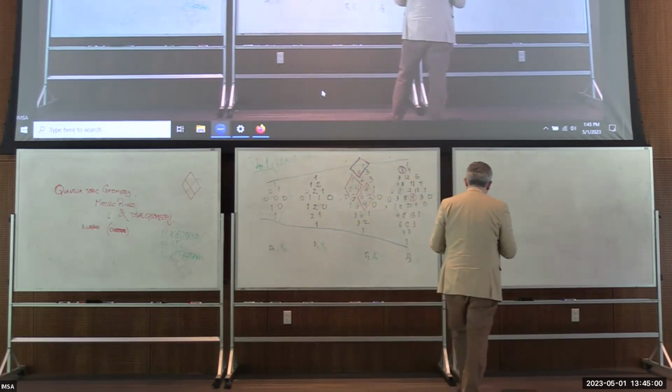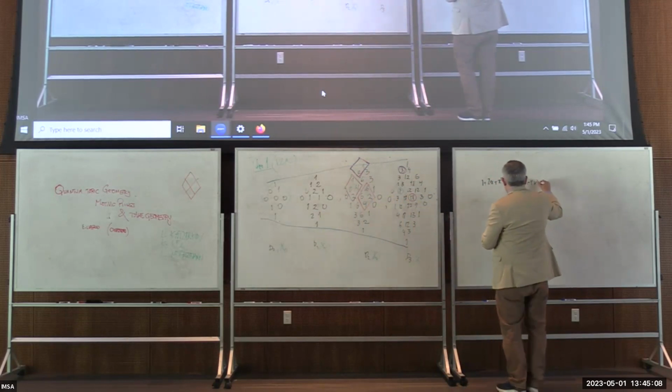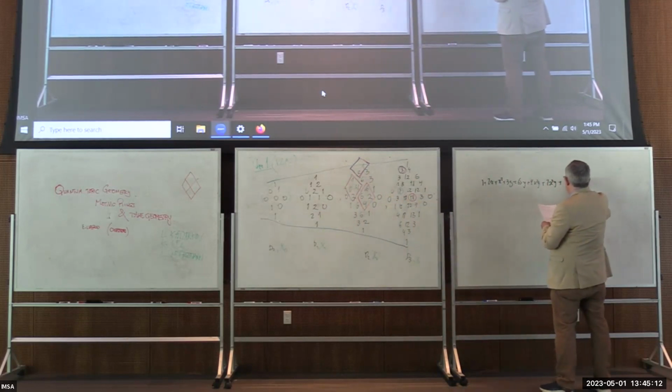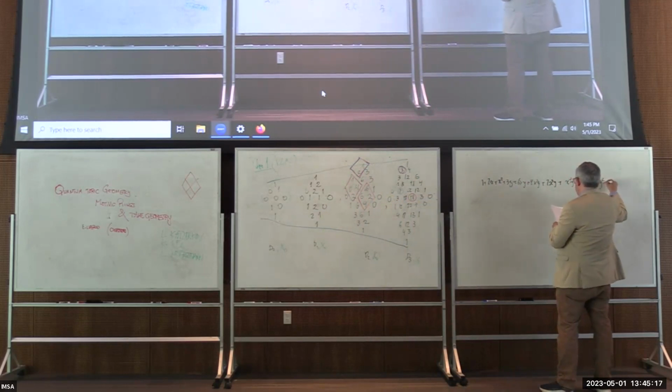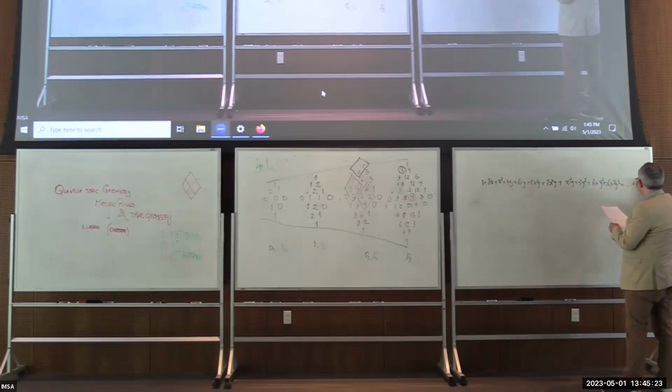So I write a polynomial: 1 plus 2x plus x squared plus 3y plus 6y plus 4x plus y plus 2x plus y plus 4y plus 3y squared plus 6x squared plus... Well, I'm not going to write it all, unfortunately.